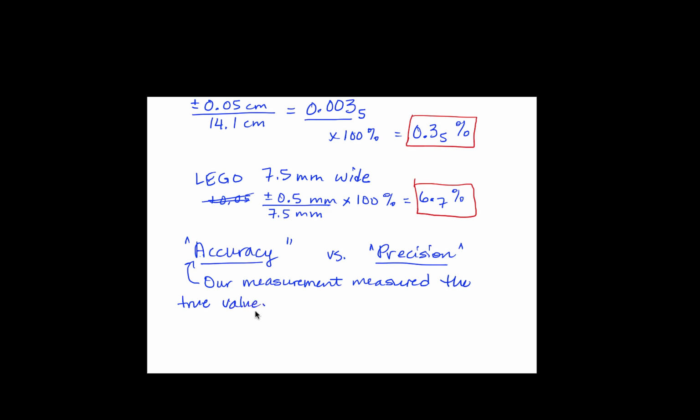So how would we know whether or not we had measured the true value? This is actually a really complicated question. And usually, if we want to know whether or not our measurement is measuring the true value, we need to compare our measurement to a standard material. And the standard materials are usually called standard reference materials.